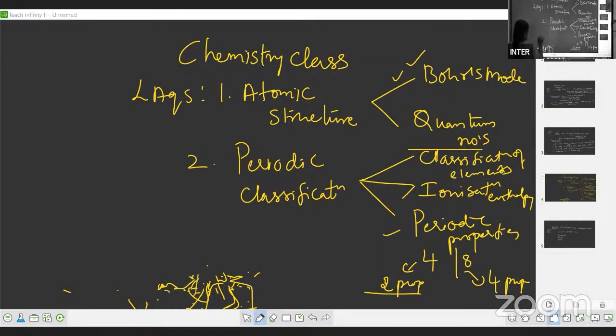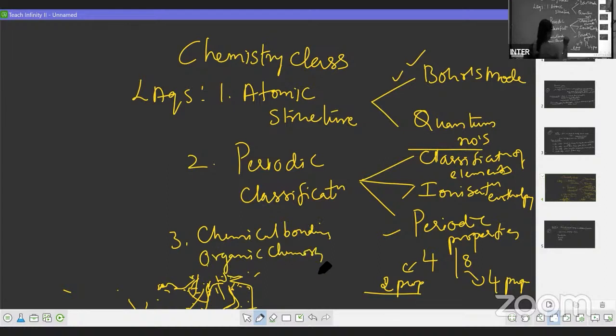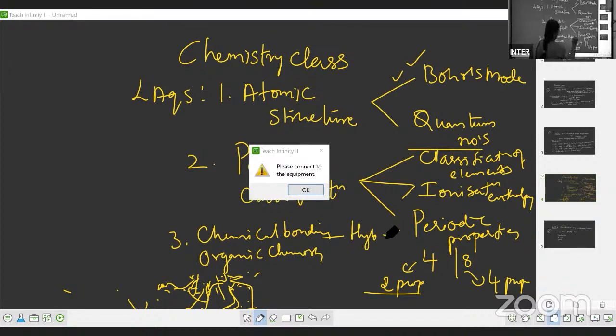Now, the third LAQ you may get from chemical bonding, or you may get from organic chemistry. In chemical bonding, what question will you get? Hybridization. Only one LAQ is there from chemical bonding, hybridization.